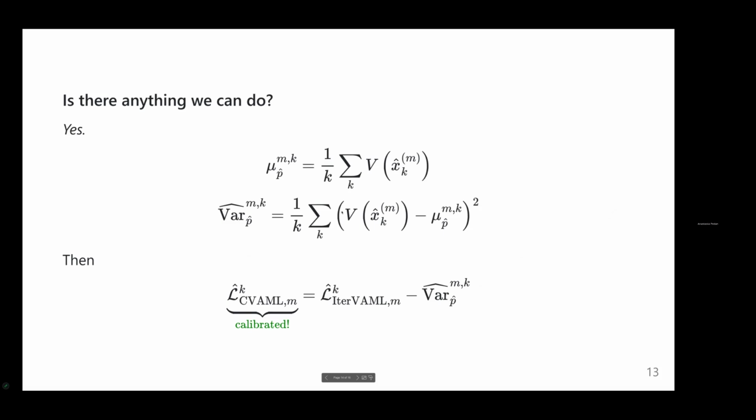So this is the estimated variance of the value function given the model. And if we correct our computed VAML loss with this variance term, we actually get a calibrated loss, which is also shown in the paper, and I will also not be getting into much. But this basically means that we can correct our loss function in such a way that if we train our model using this function, we'll actually get a correct model, which is great. It's awesome.